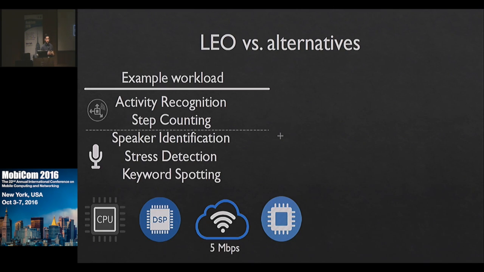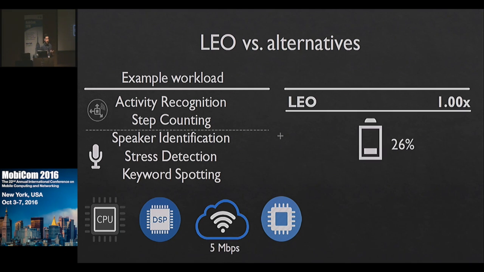So I'll give you an example of how Leo compares against alternative solutions, and here we have an example workload of 2 accelerometer-based applications and 3 microphone-based applications. We are scheduling across 4 different resources, and we assume we have cloud connectivity with a 5 megabits per second throughput.